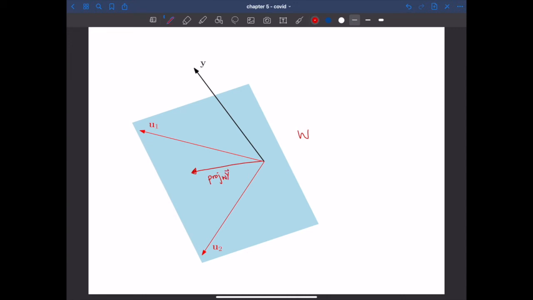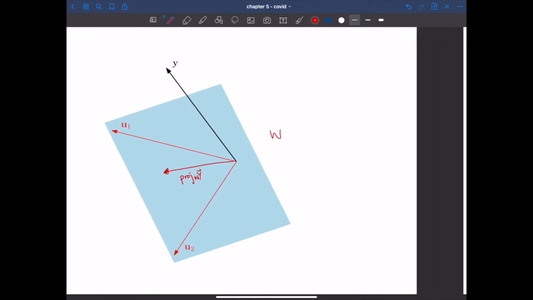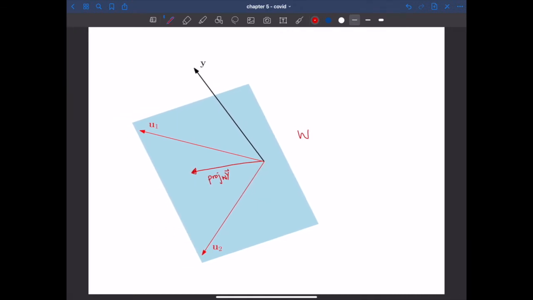Now I want to show you why the formula that we had on the previous slide actually gives us this projection vector. So here's the idea. Instead of projecting directly onto the subspace W, we're going to project onto the two basis vectors first. We're going to do orthogonal projection onto these two basis vectors first. So let's take the vector y. Let's project down onto the vector u1. That gives me this blue vector here, which is the projection of y onto u1.